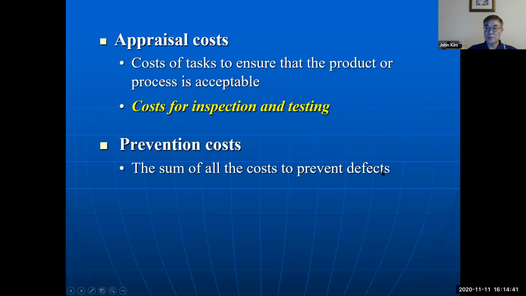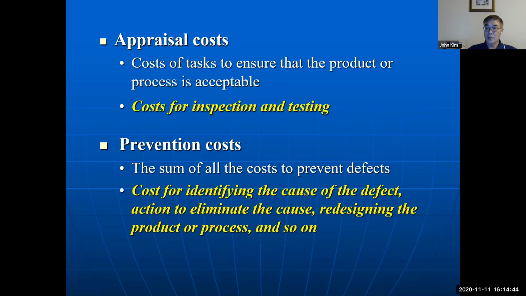Then prevention costs. If we inspect and then test, and find the cause of defect or cause of the low quality, then we should change or redesign or fix and so on. That is prevention cost. So cost for identifying the cause of defect, action to eliminate, and redesign and fix and so on.